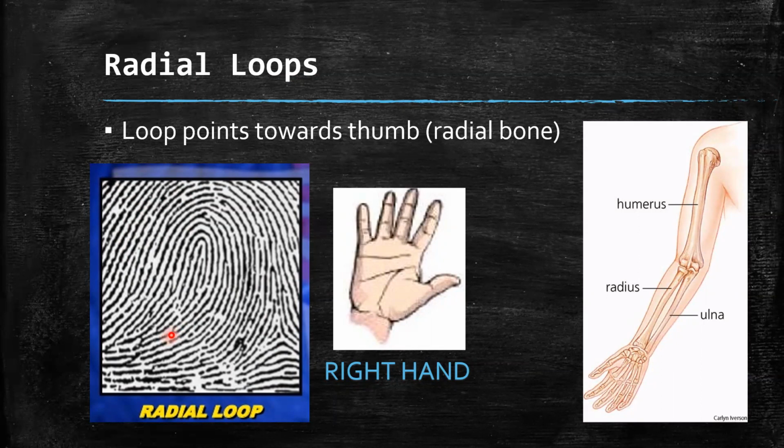So right hand, face up. Look at your hand. Now look at the pattern. It starts on one side, it loops up, it comes back around, and exits the same side. That's a loop. This one is a radial loop because it's pointing to your thumb. Your radial bone, your radius, is on your thumb side. So if you have a radial loop, it's going to go up, loop around, and it's pointing in the direction of the thumb. So it looks like this.